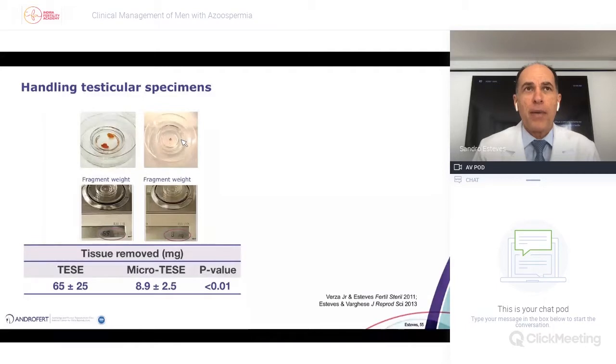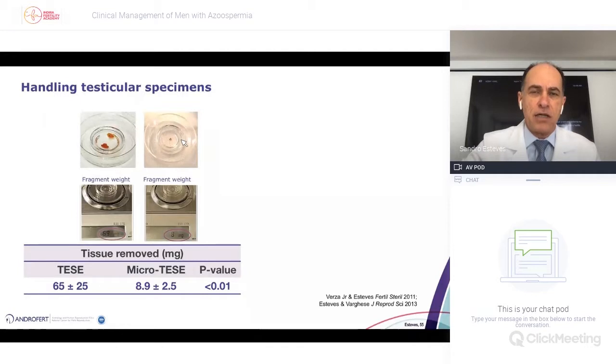So when you remove Leydig cells, you will compromise androgen production. Patients with non-obstructive azoospermia due to spermatogenic failure already have low testosterone production. So when you take large pieces of tissue, you make this patient even more hypogonadal. And this patient might need testosterone replacement therapy for life if you take big pieces of tissue.